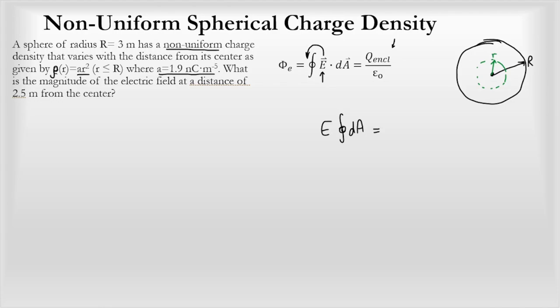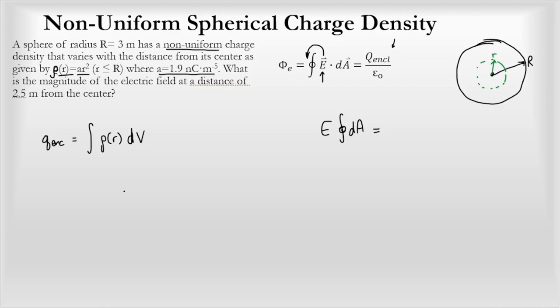If I want to find Q enclosed, I am going to have to integrate the volume charge density over a volume. It's not constant. As it moves outward, that density is changing.